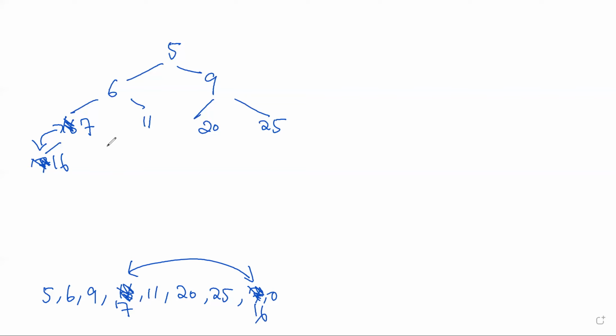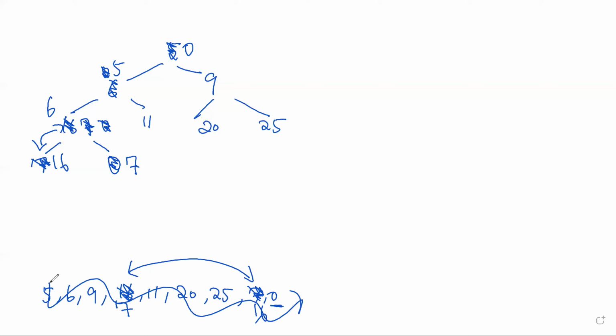Then we want to add 0. I initially inserted the 0 here, but that won't work, it's not a minimum heap, so we need to keep swapping. Here is 7, here is 0. Swap 6 and 0, and then swap 5 and 0.